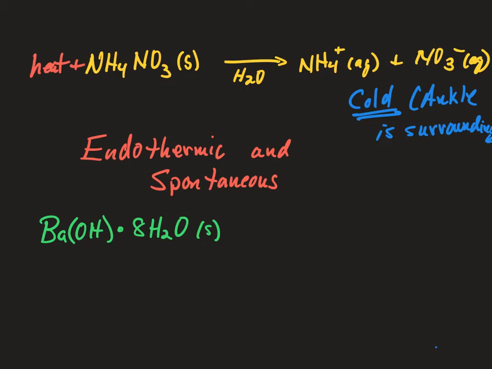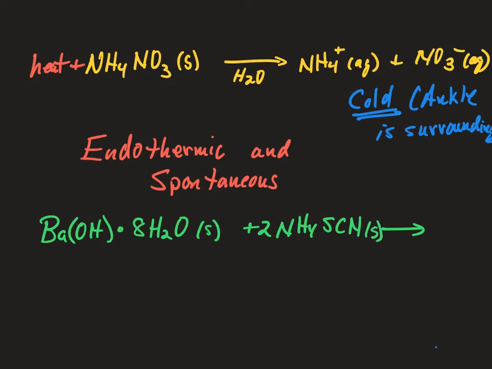And so barium hydroxide makes an octahydrate solid, and it can react with ammonium thiocyanate, right? And the stoichiometry is 2 to 1, and that reacts spontaneously.